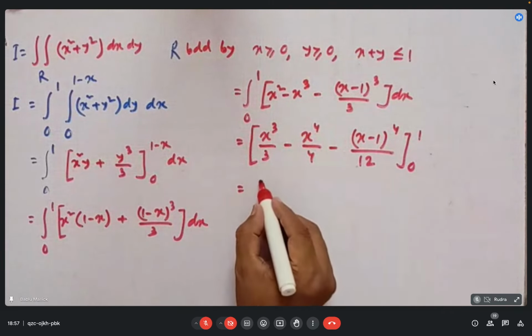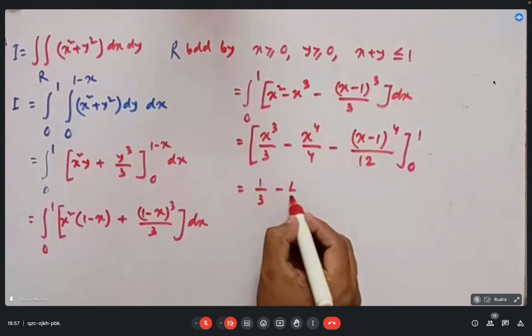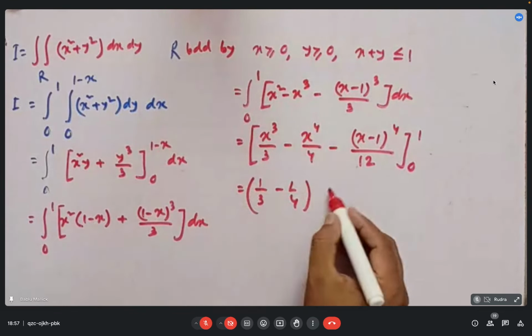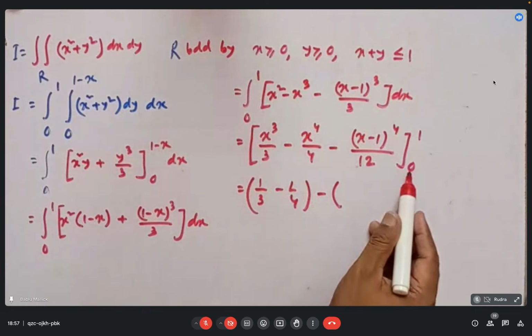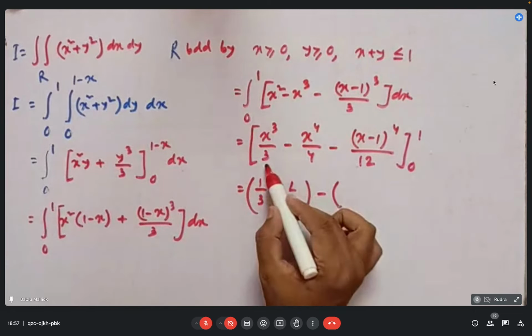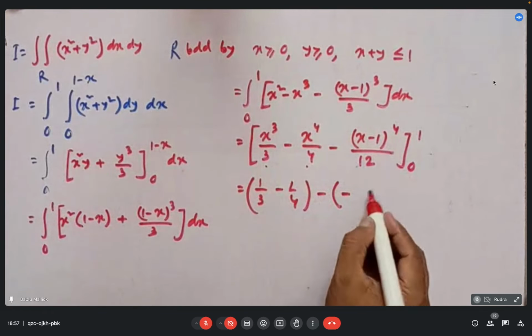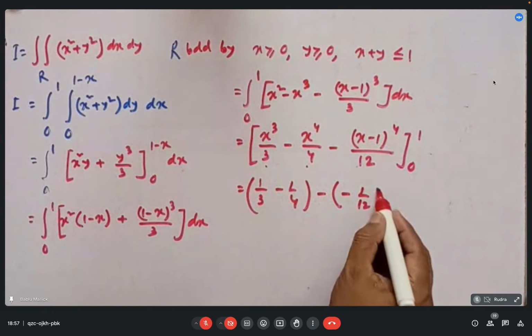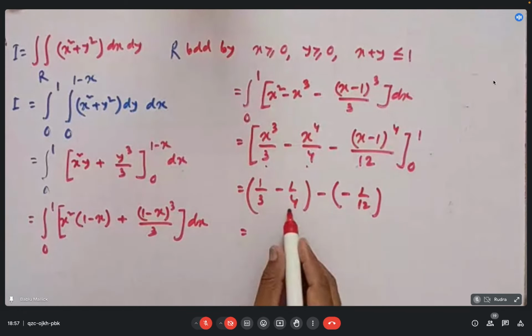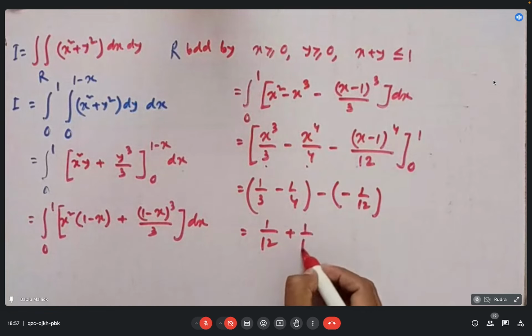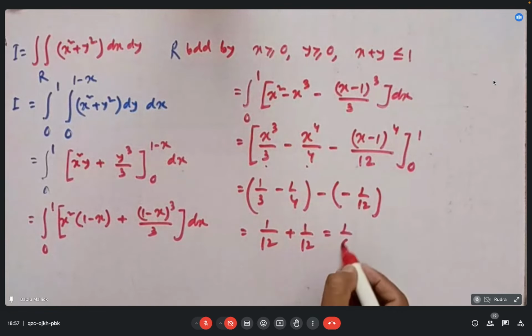If I put 1, it is 1 by 3 minus 1 by 4, then minus, if I put 0, it is minus of 1 by 12. So ultimately this result is 1 by 12 plus 1 by 12, so it is 1 by 6.